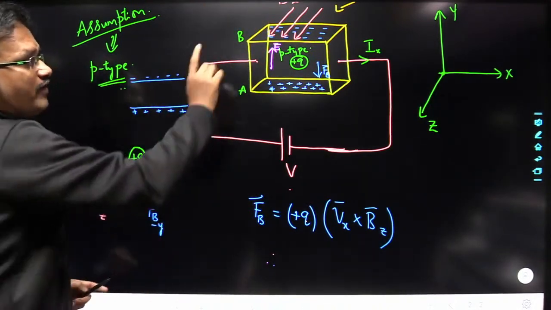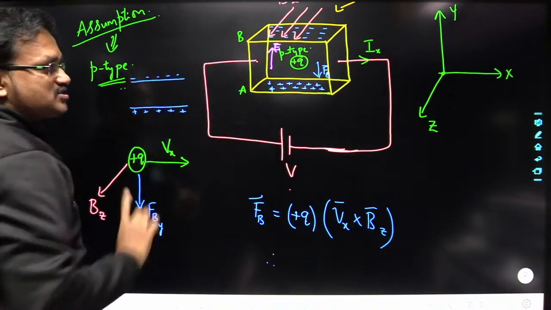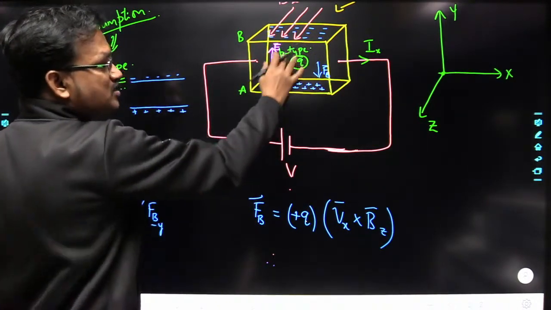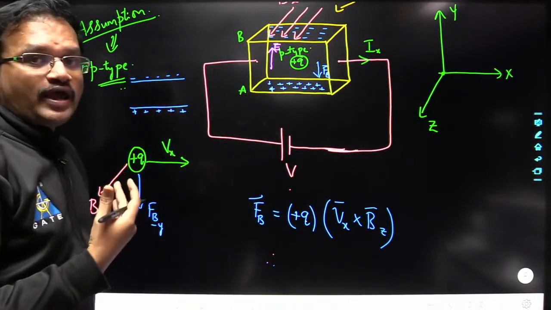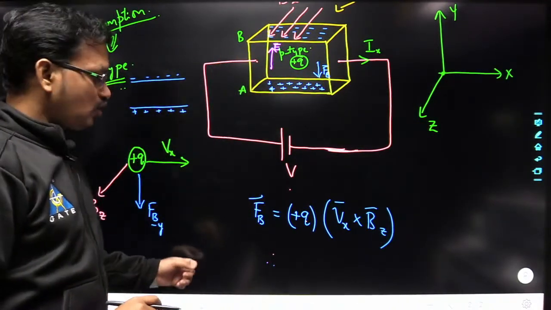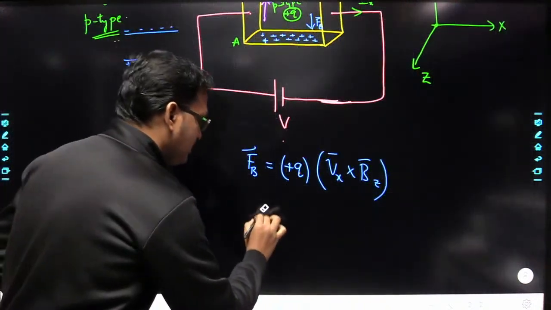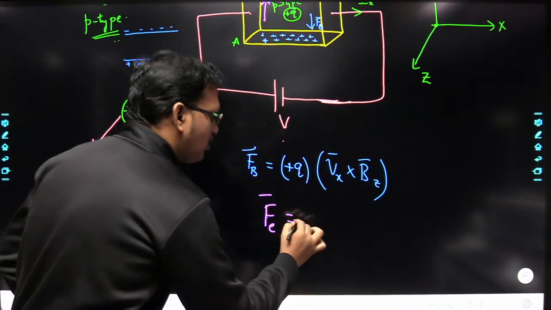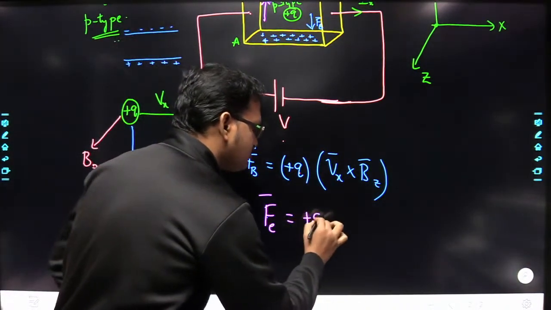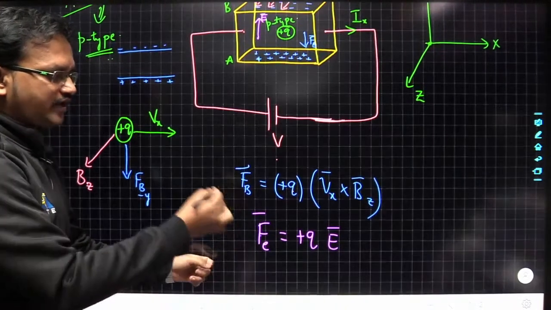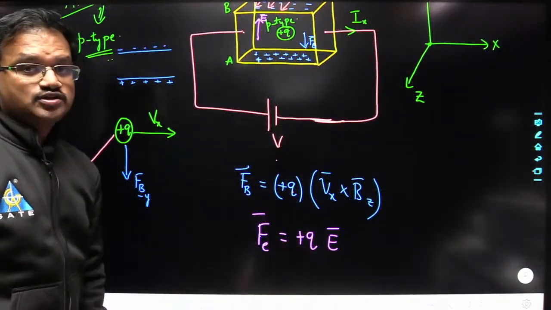Whenever the electric field is pointing in this direction, what will happen? This positive charge is going to experience a force due to this electric field, or not? Yes or no? That's what I have told here: Fe, the electric force. Plus Q is going to experience the force along the direction of the field.